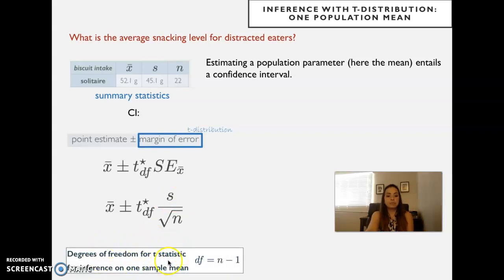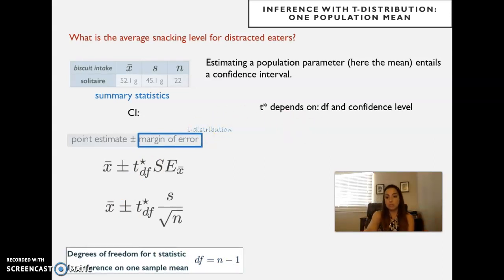The degrees of freedom for the t statistic for inference on one mean, and we just have one mean here, right? What is the mean amount of snacking that happens in the population when people get distracted at a prior meal? The degrees of freedom is n minus 1. We know that our n is 22, so our degrees of freedom will be 21 for getting the t critical.